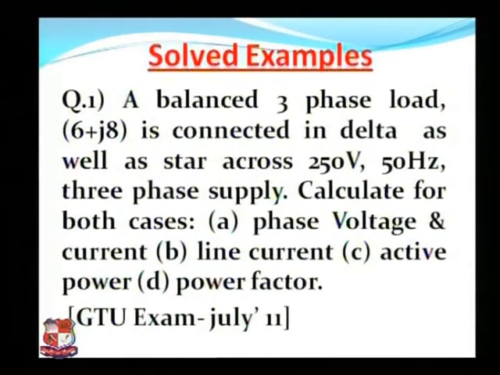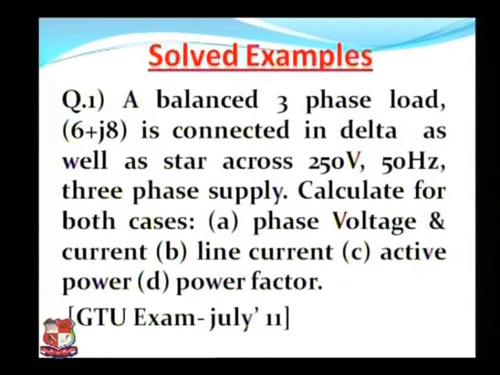Here you are asked that the circuit is connected in star connection with that load, and it is also connected in delta connection with the same load, across a 250 volt, 50 hertz, three phase supply.